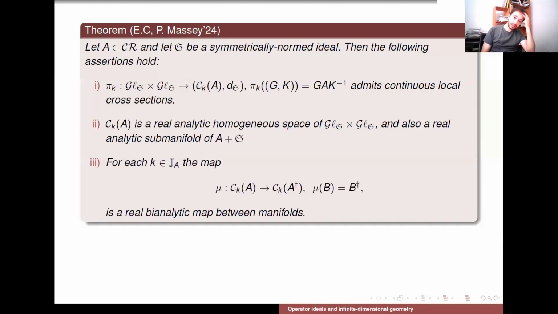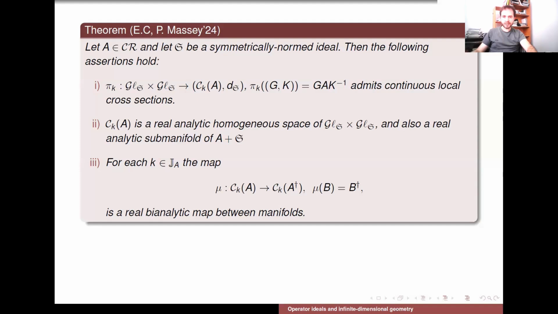And our last result is that if we restrict the Moore-Penrose inverse to our orbits, then it takes values on the corresponding orbit, Ck of A dagger, and this can be shown to be an analytic map, whose inverse is obviously again analytic.